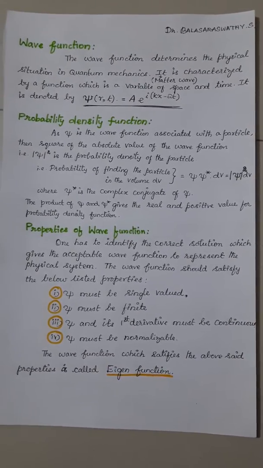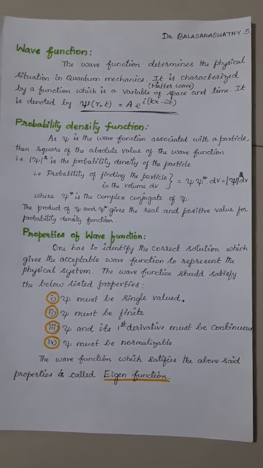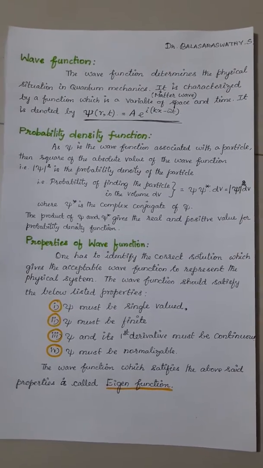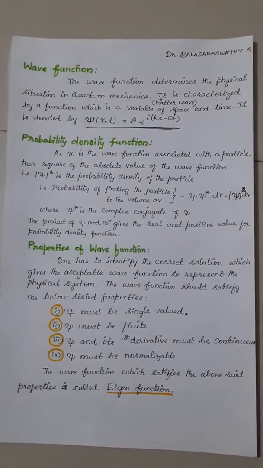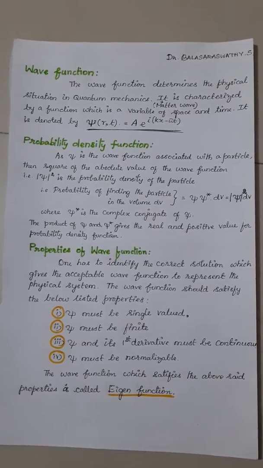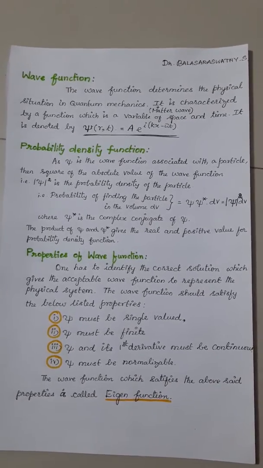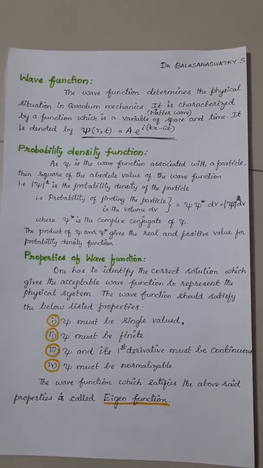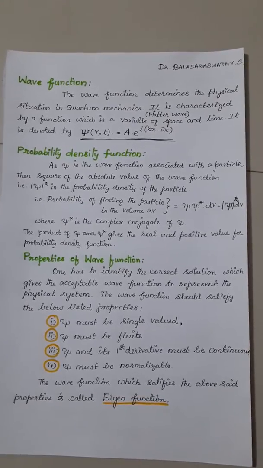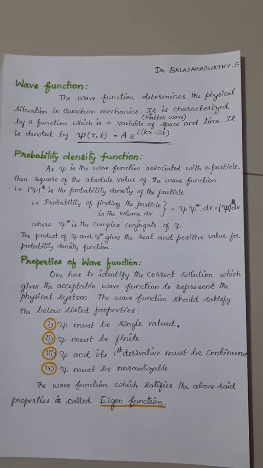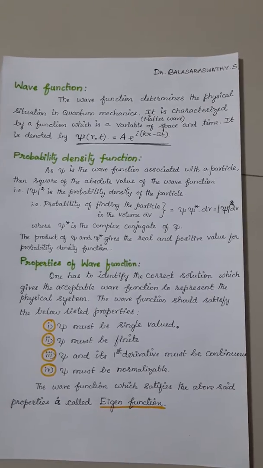As we are talking about matter waves, matter waves are always characterized by a function which is a variable of space and time. And this wave function determines the physical situation in quantum mechanics.